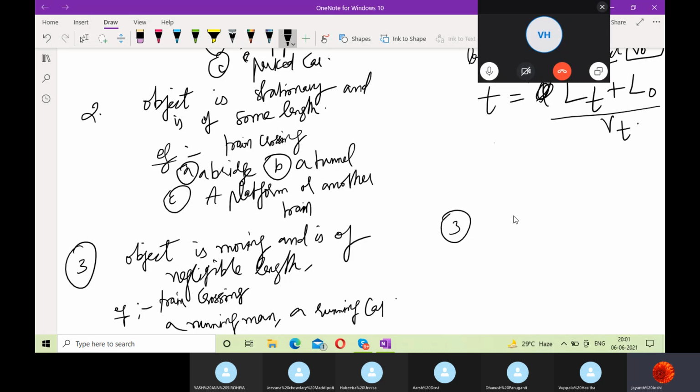Okay, so the time would be length of the train, and object has negligible length, so length of the object is 0 because it has negligible length, divided by speed of the train. Speed of the train, any clue what the formula would be? Minus speed of the object.